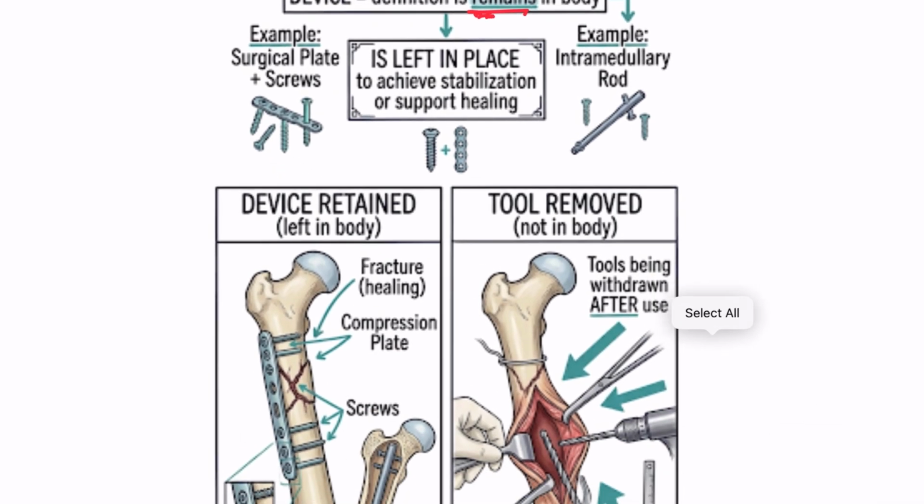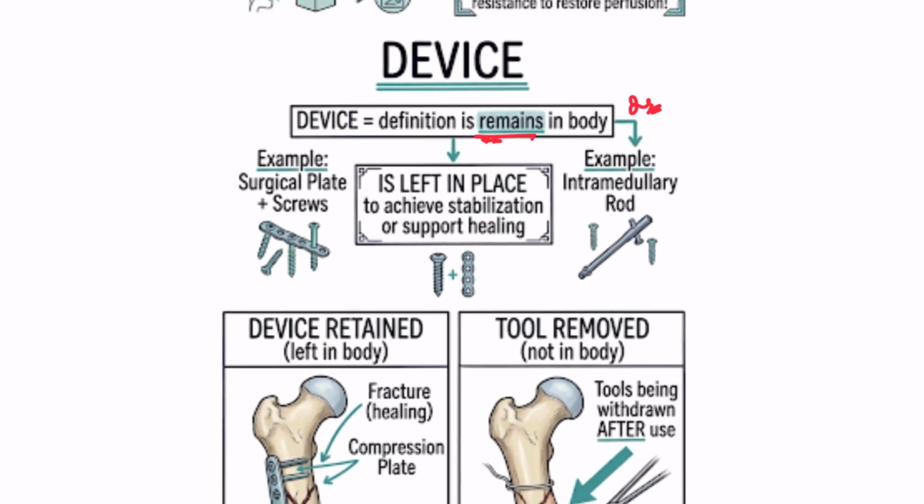Now, let's move forward and connect these two pieces we already have to a real case. We understand what is happening clinically, then we translate that into coding. We said approach tells us how the surgeon reaches the structure, devices tell us what remains in the body after the procedure. Now there is one final layer, and that is where coding becomes more precise.